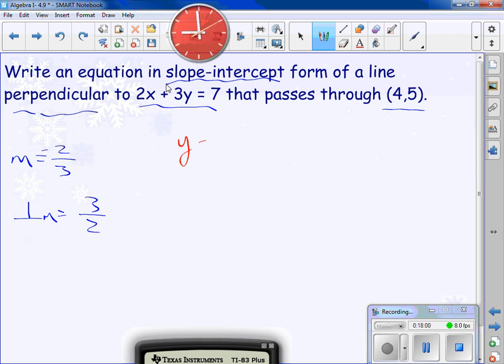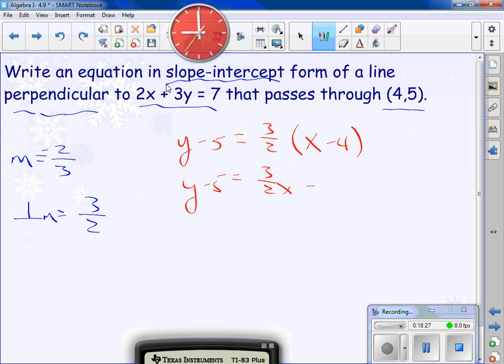So I'm going to have y minus the y value equals the slope times x minus the x value. Y minus 5 equals 3/2 x.